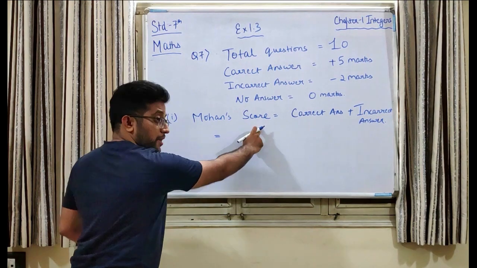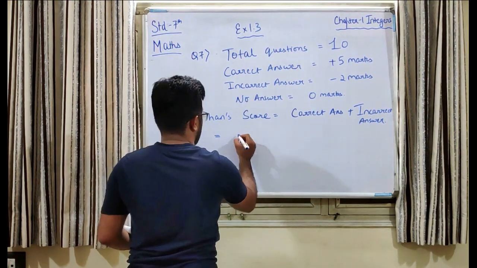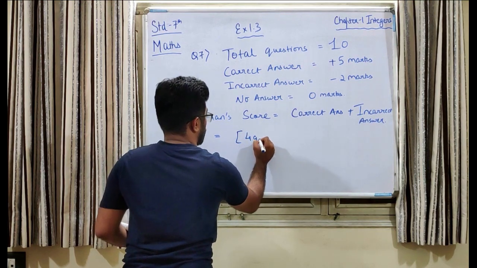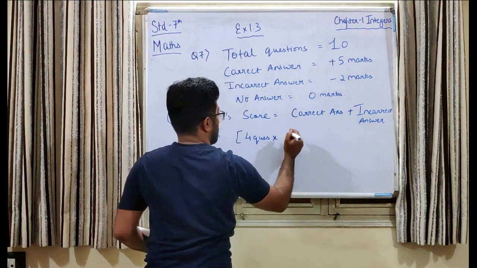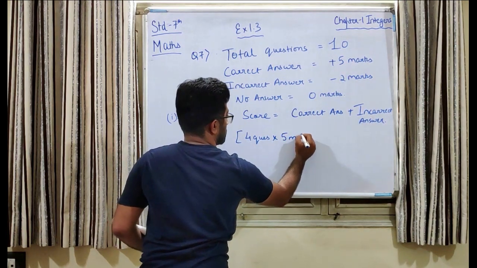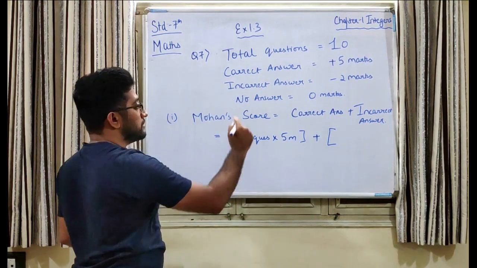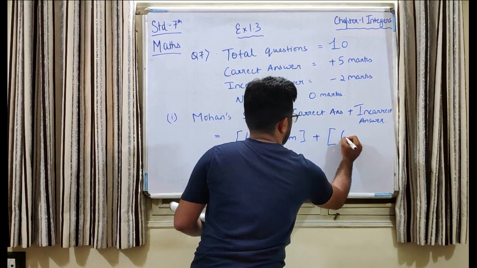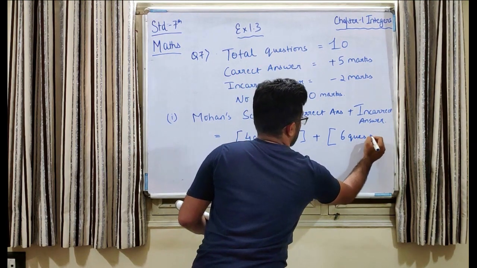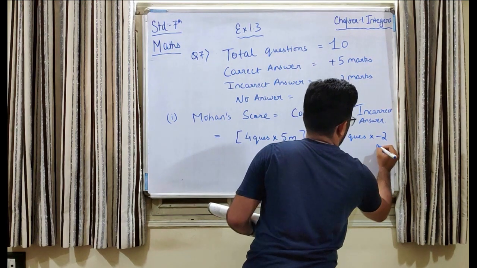Here score means marks. Let us calculate the correct answers: he has given 4 correct answers, multiplied by 5 marks for each correct answer. Similarly for every incorrect answer he is given negative 2, and 6 questions were incorrect.